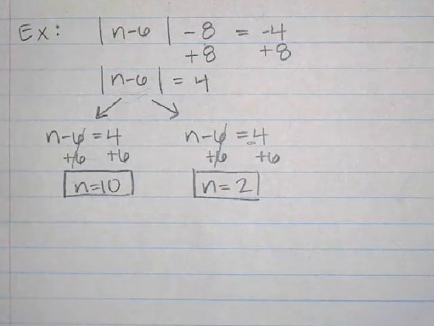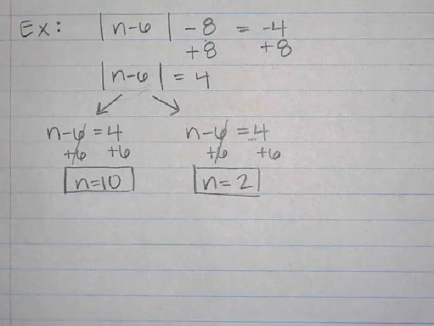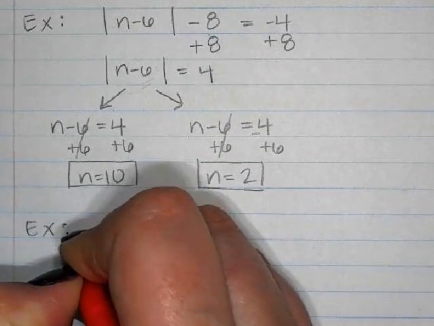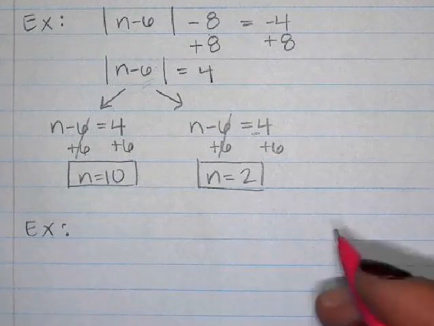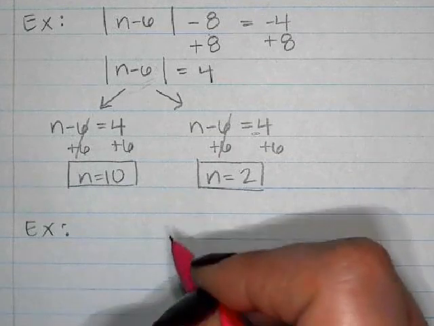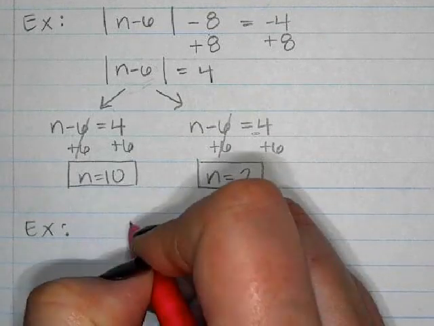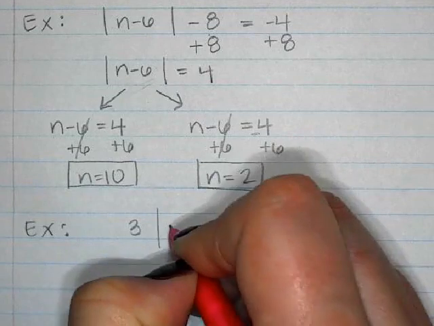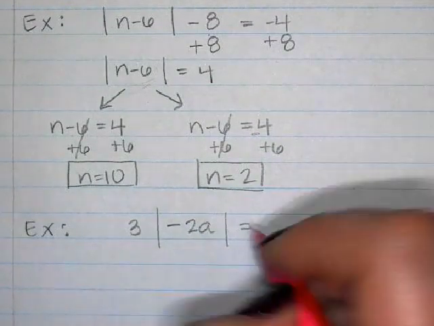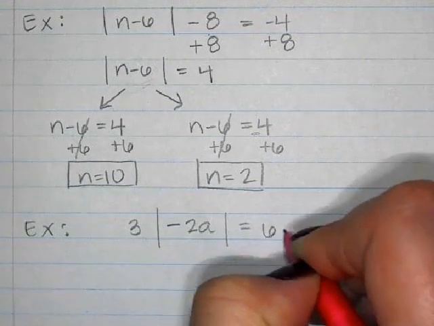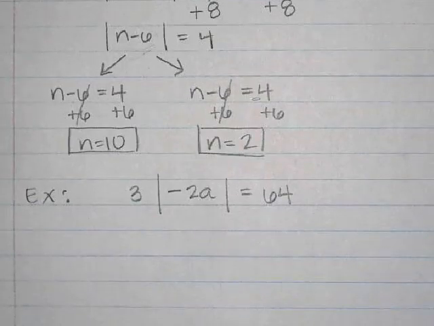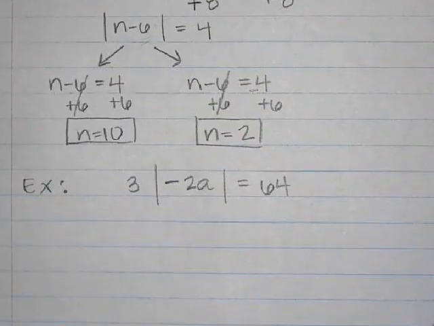Okay, let's try this one. Let's say 3 times the absolute value of negative 2a equals 64.